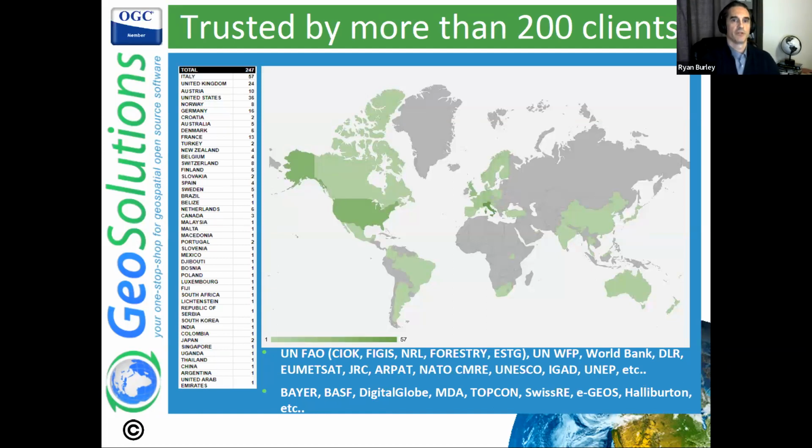We currently have more than 200 clients globally, with a large concentration in Europe and the US. You see some of our clients listed at the bottom of the slide. We've seen growth in local city government, oil and gas, natural resources, mining, and lately defense and intelligence, which is aligned with government initiatives promoting the use of open source GIS to increase interoperability and decrease licensing costs.